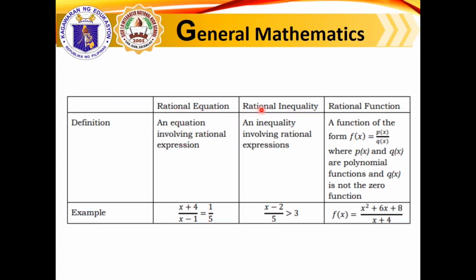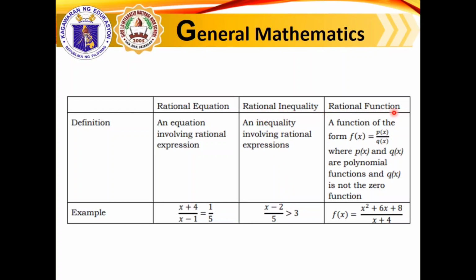For rational inequality, it is an inequality involving rational expressions. So we have rational expressions and the inequality symbol, which is greater than. It can also be less than. So that will be our rational inequality.